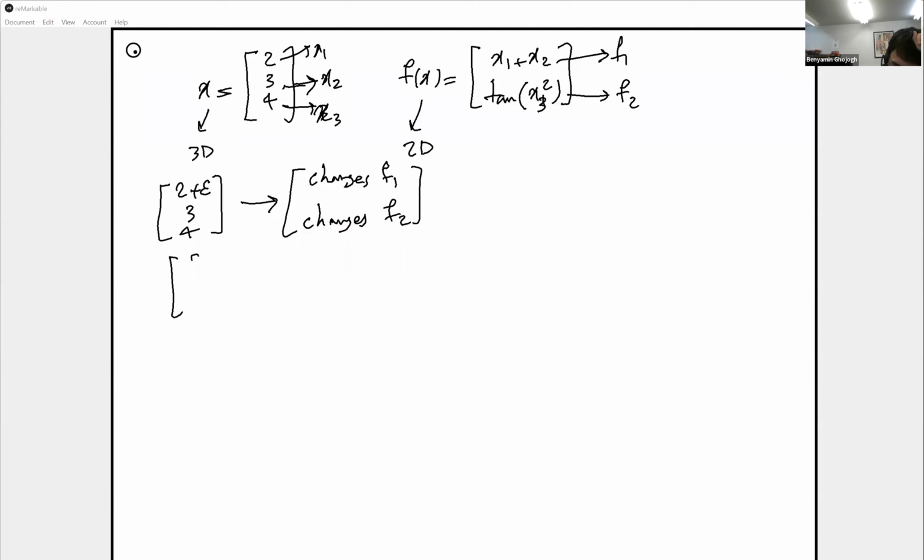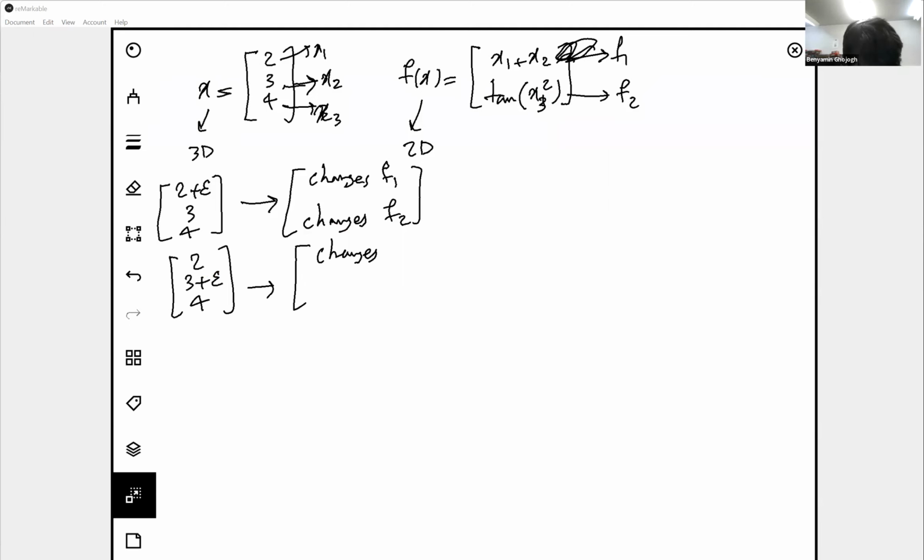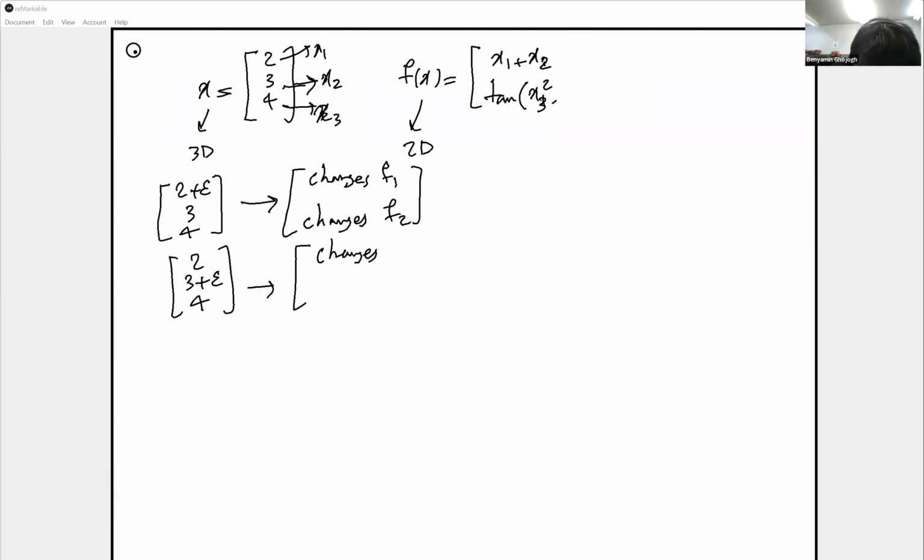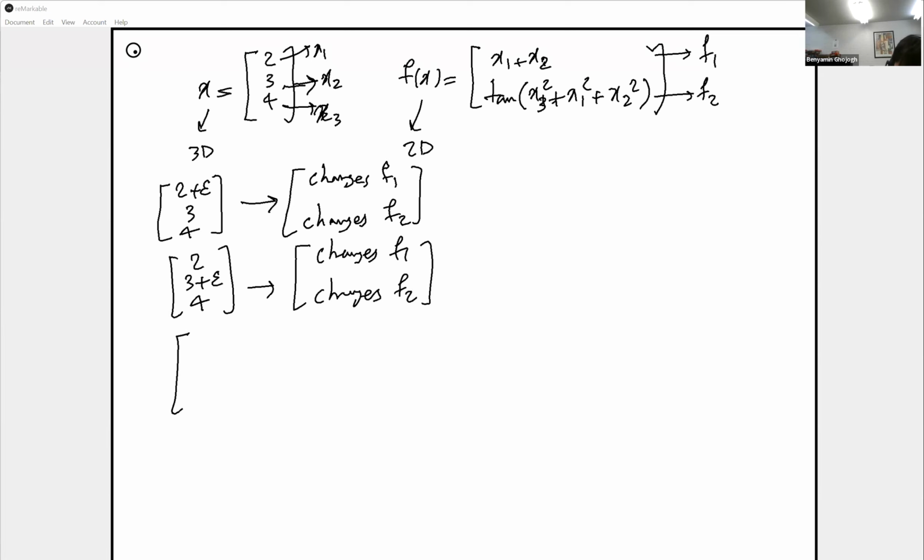Also, now I go to the second element of x. I change it. I want you to understand what I mean. Assume it has all of these cases. So this is F1, this is F2. Now, this changes F1, this also changes F2. Go to the third element.